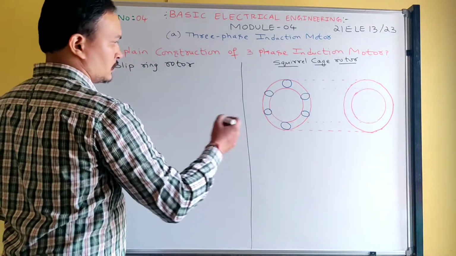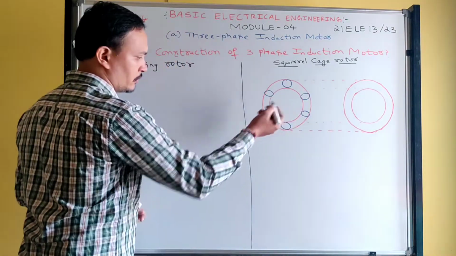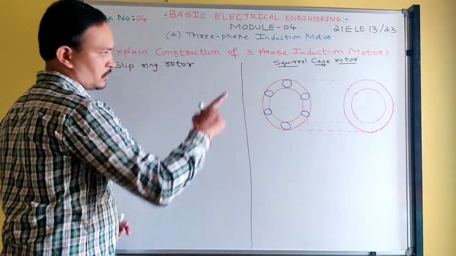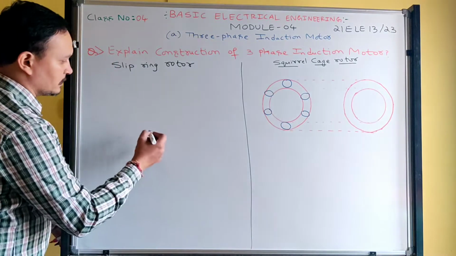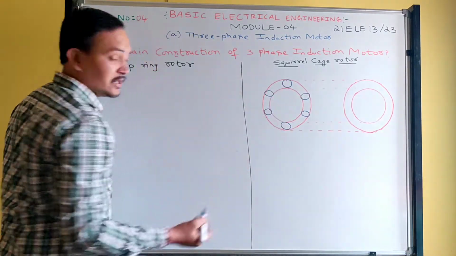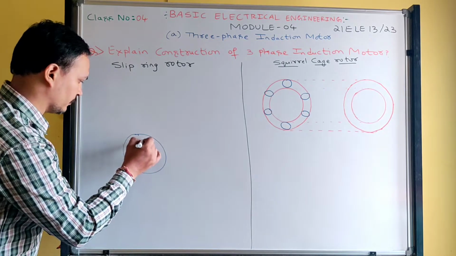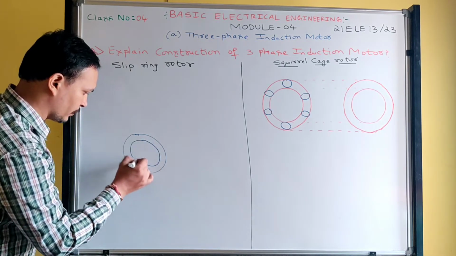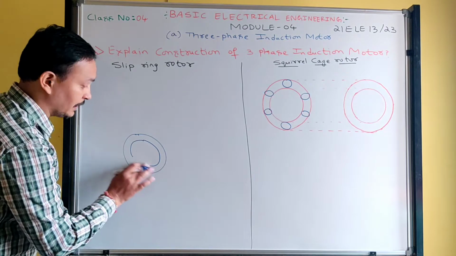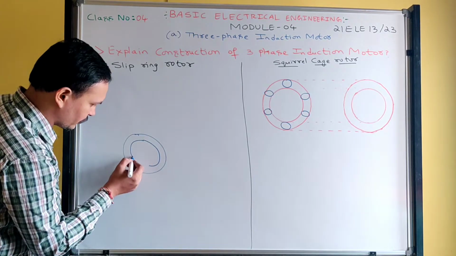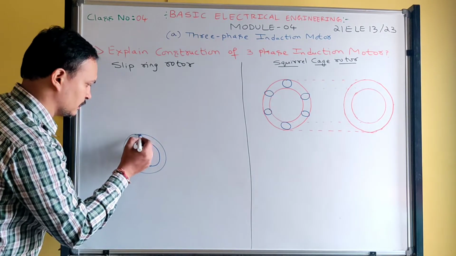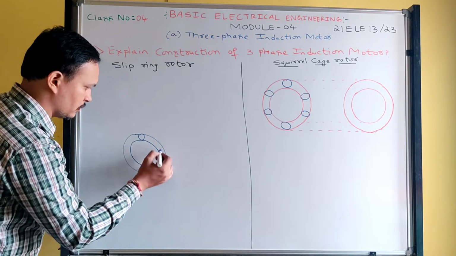So like this. See, look at here. So I don't want to write there. I am going to write here. Okay. So how the laminations are joined side by side. See, look at here. This is a rotor. Okay, don't copy this one. Okay, I am trying to explain how the rotor is constructed. So this is one hole.